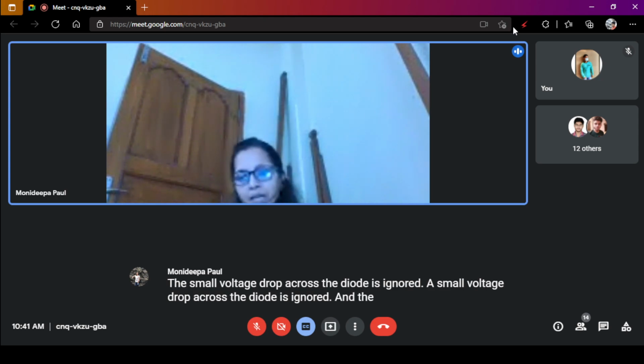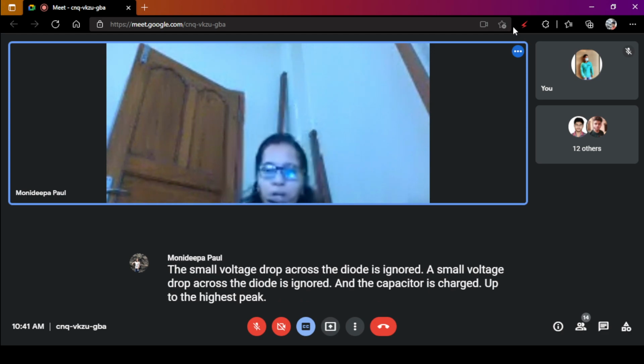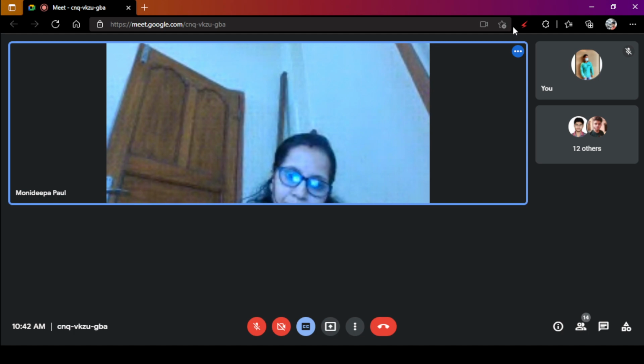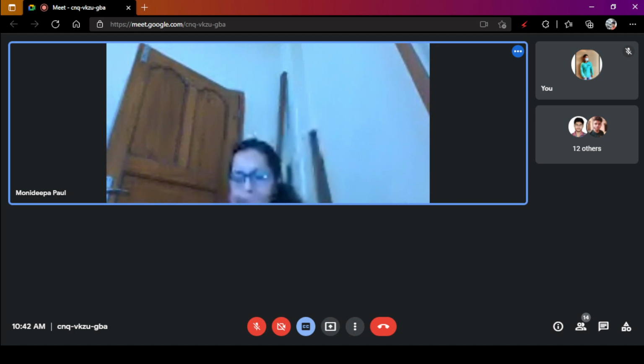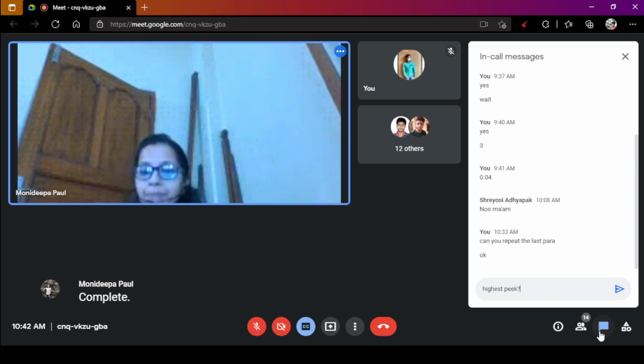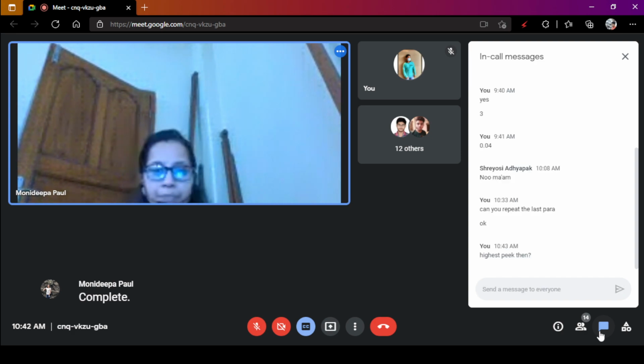And the capacitor is charged up to the highest peak of the applied input signal.